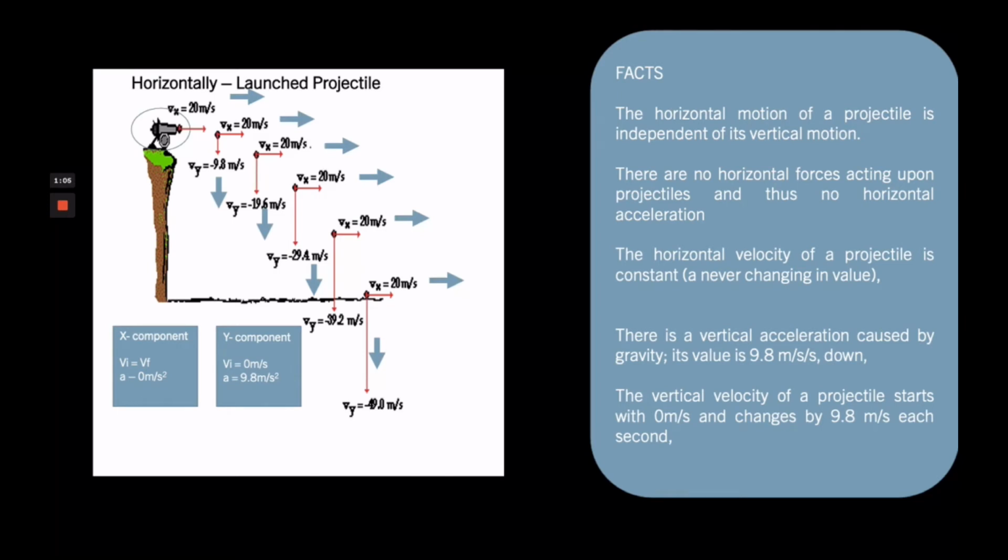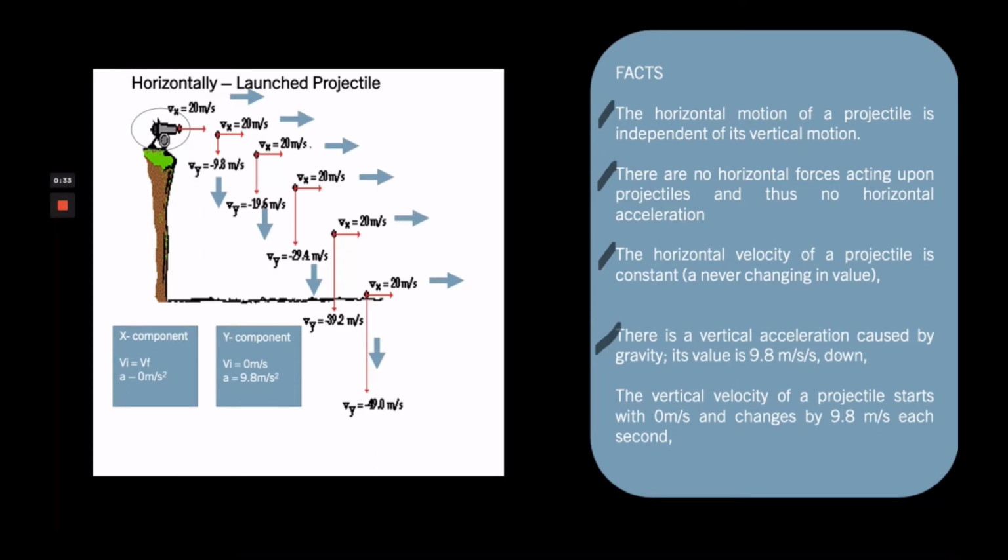Let us remember the following important facts of a horizontally launched projectile. First, the horizontal motion of a projectile is independent of its vertical motion. Second, there are no horizontal forces acting upon projectiles and thus no horizontal acceleration. Third, the horizontal velocity of a projectile is constant, never changing in value.